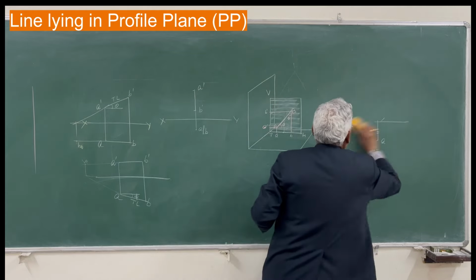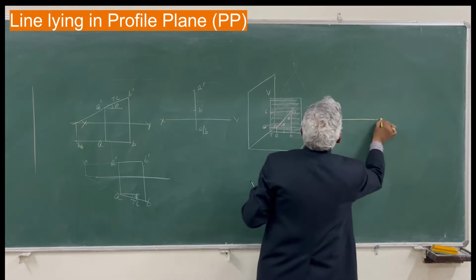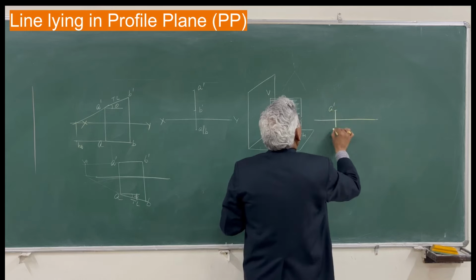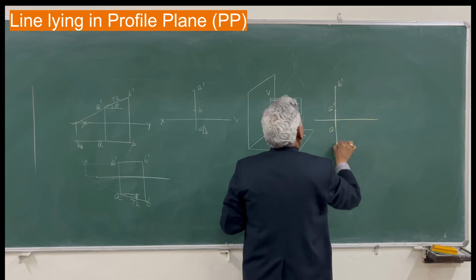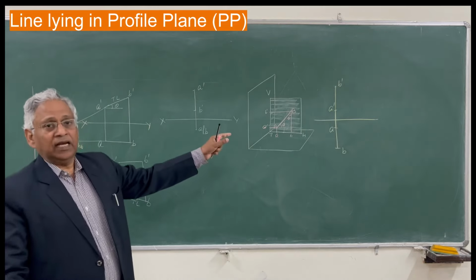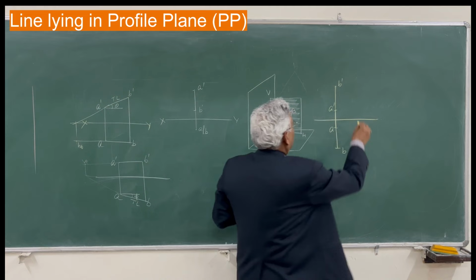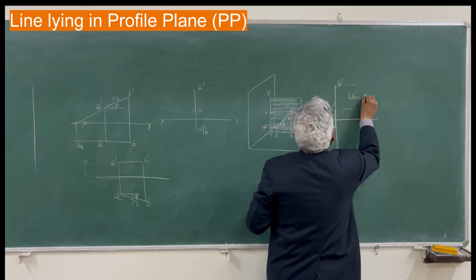So in this case, the projections will be like this, that you have A dash A and B dash B. But because the line is inclined to both the planes, this is not the true length, but this is L sin theta.